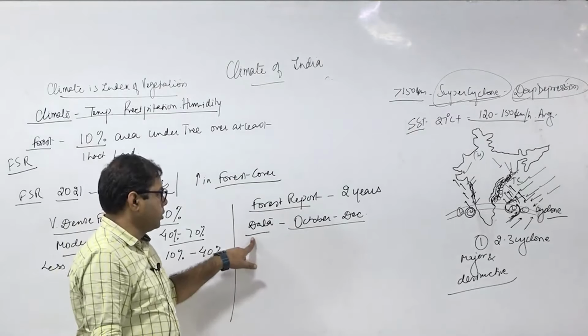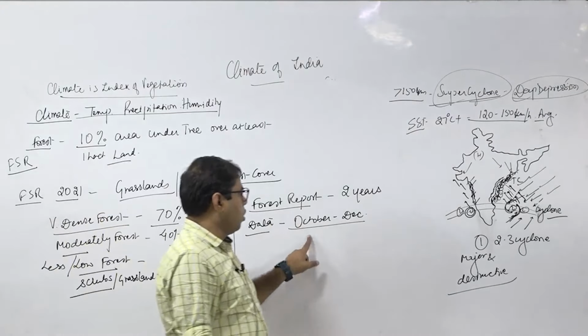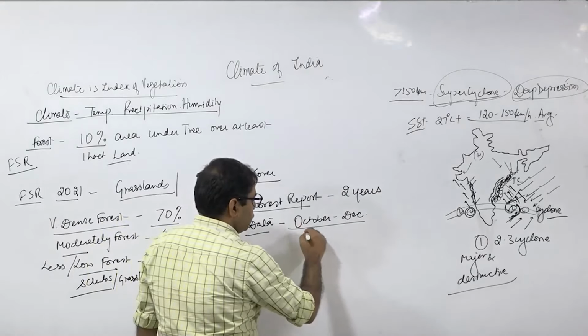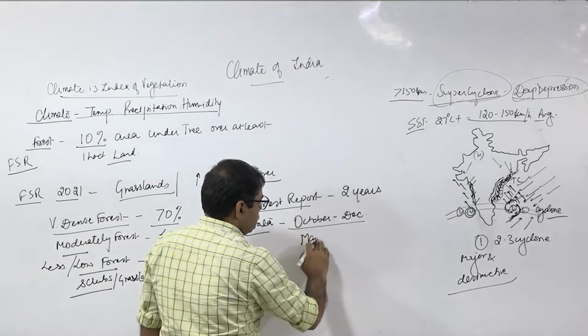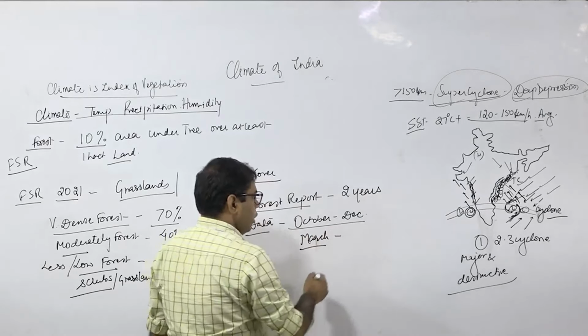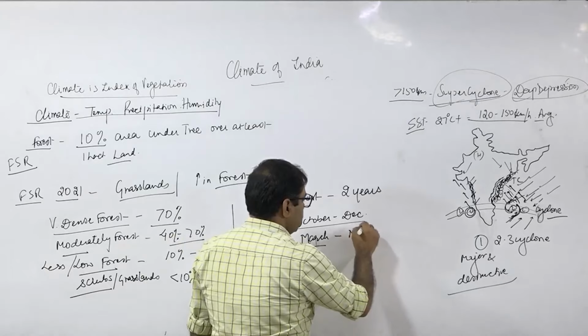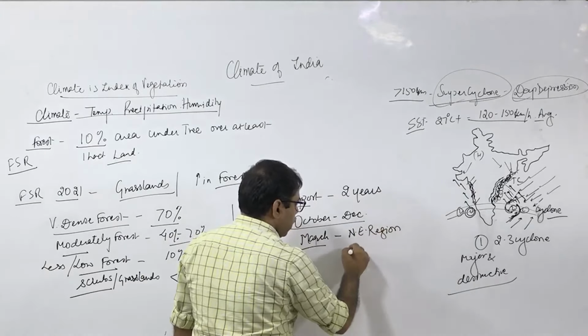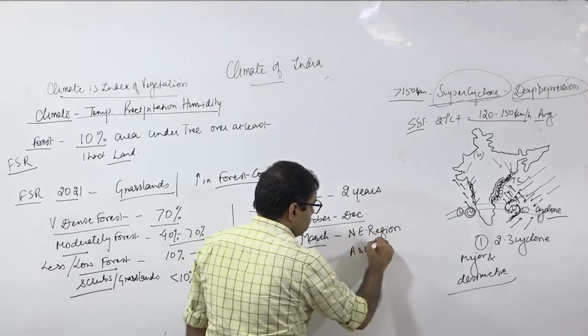Forest data is collected from October to December, but this data collection extends to the month of March in the northeast region and the Andaman and Nicobar Islands.